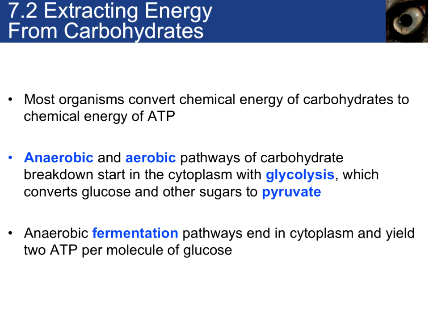So this process does not require oxygen. So if there is no oxygen present, the pathway of cellular respiration ends after glycolysis. So from there you go into fermentation. And so with this, you only yield 2 ATP per molecule of glucose. And we'll get into much more detail on how this works and when you end up using fermentation versus the electron transfer chain.